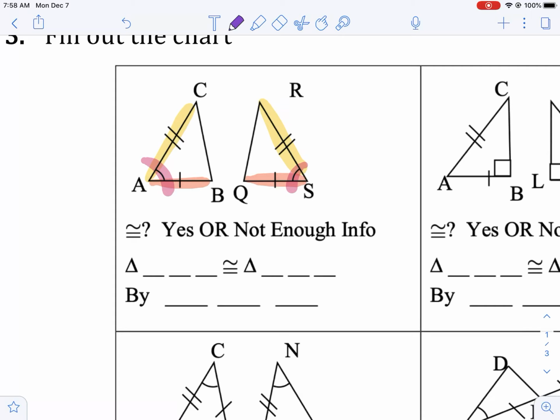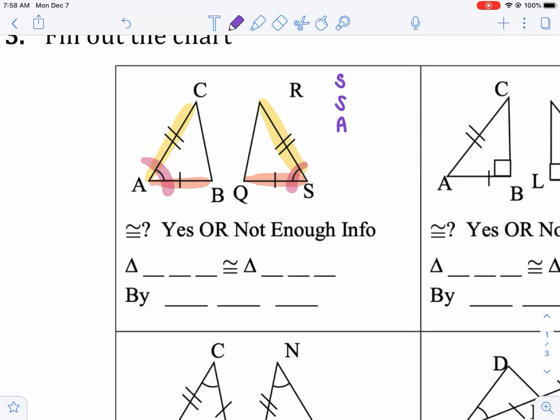We're looking for pairs, sets of corresponding sides. So we've got two sets of corresponding sides that are congruent, and one angle that's congruent to another corresponding angle, so we've got one set. So we're going to have some form of two sides and an angle as our postulate.